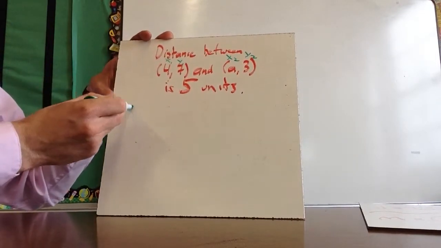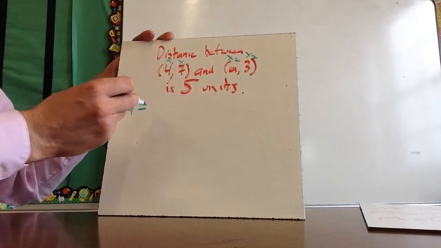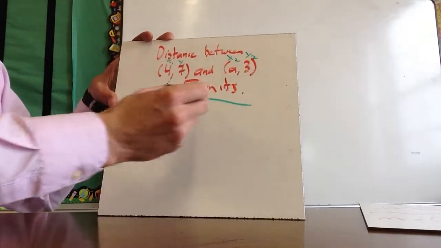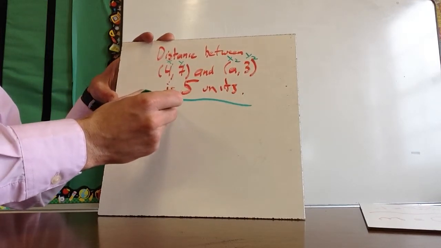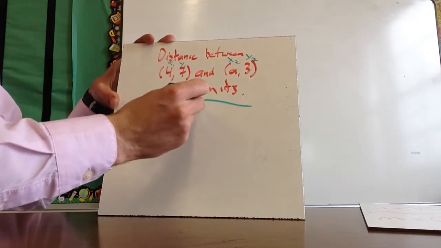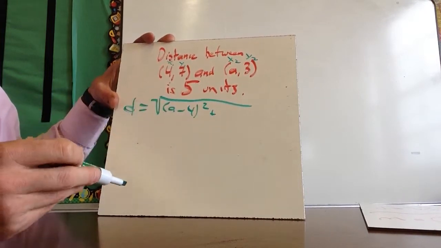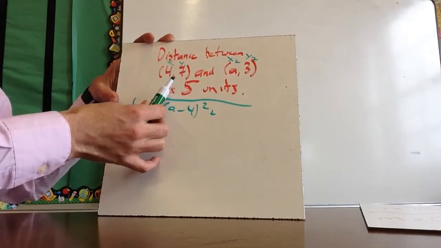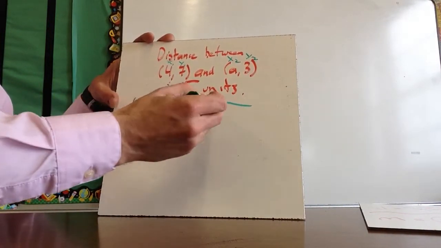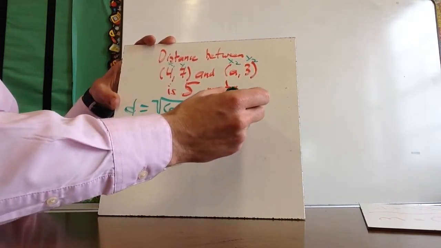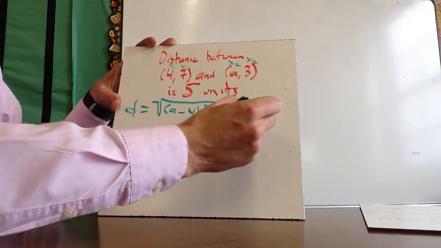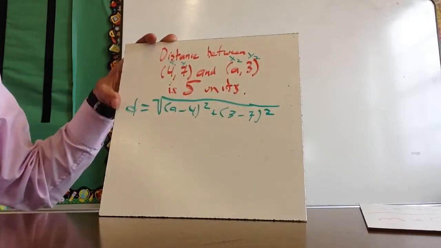So distance equals the square root of x2, which is a, minus x1, which is 4, squared, plus we then have y2, which is 3, minus y1, which is 7, squared.